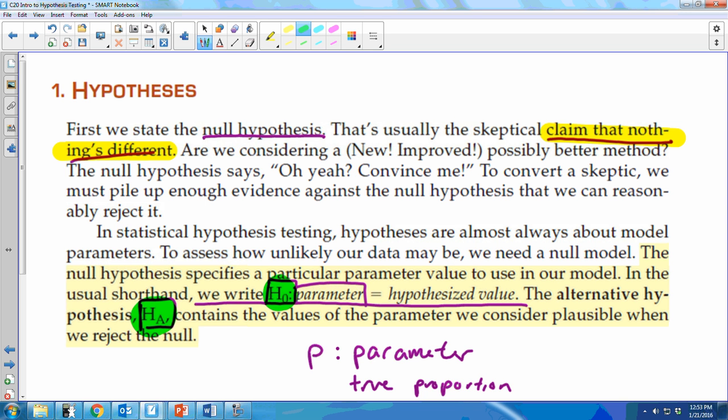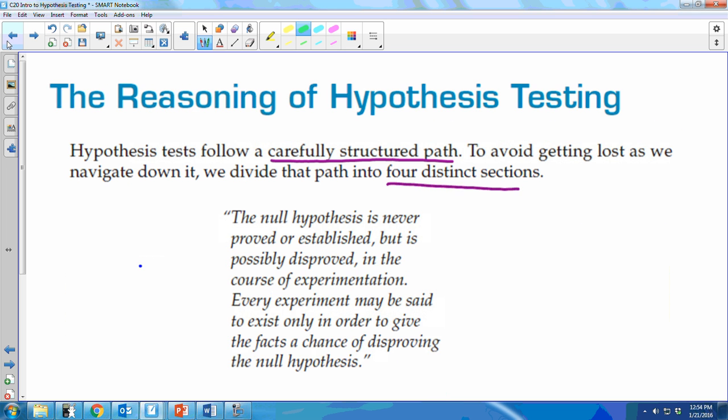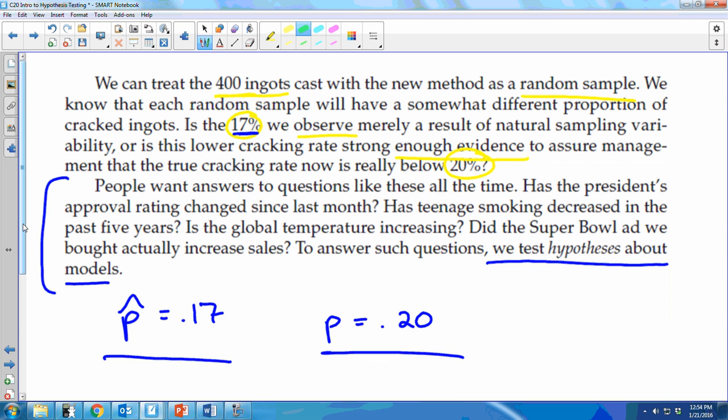All right? Then your alternative will show what you think is happening. You think it's increasing, decreasing, or that there's just no change. So, using this ingots example, right? We think that in general, they're cracking 20% of the time, and we're hoping to reduce that amount.